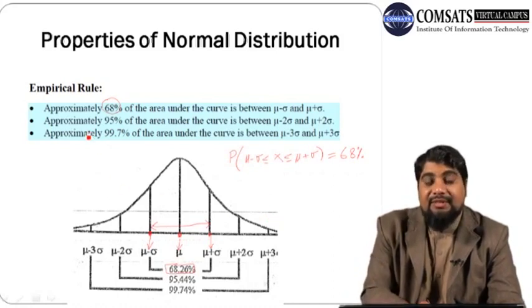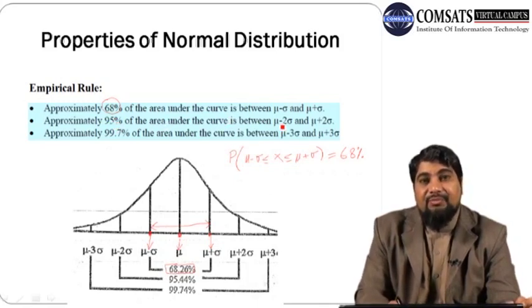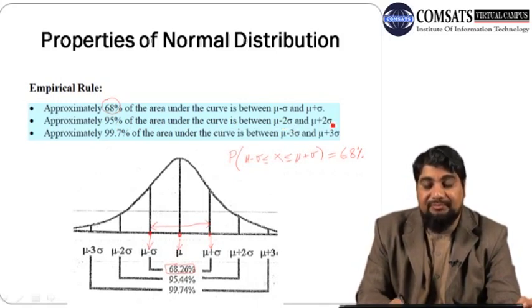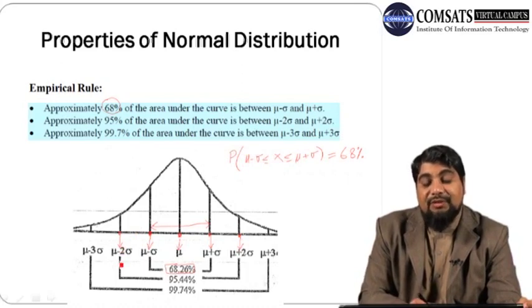So second empirical rule is approximately 95% of the area under the normal curve is between mu minus 2 sigma and mu plus 2 sigma. So this is the point which represents mu plus 2 sigma. This is the point which represents mu minus 2 sigma.